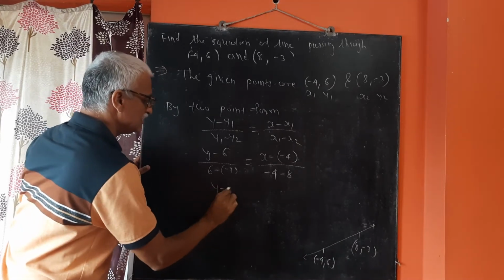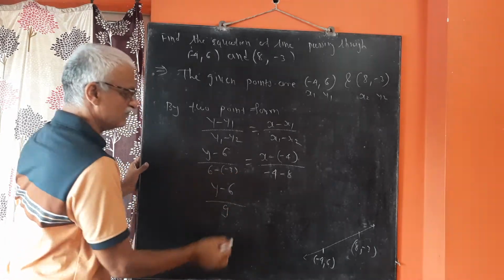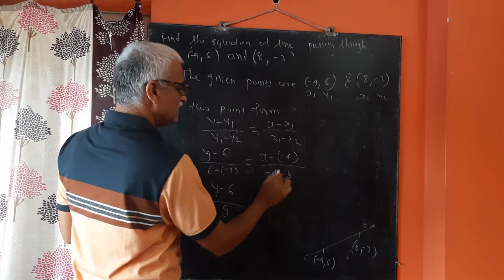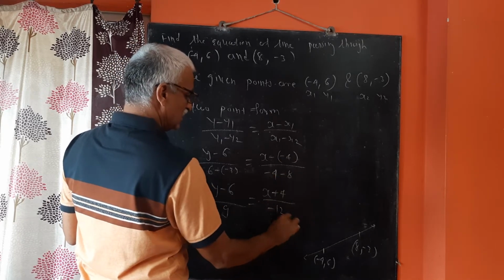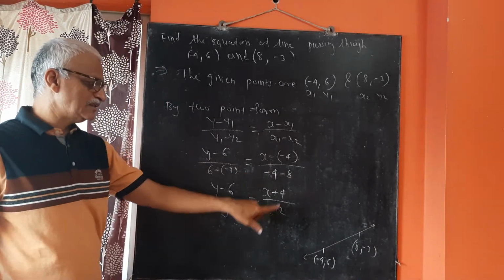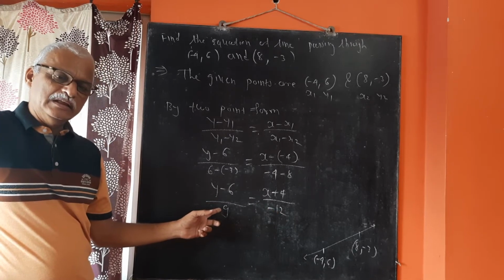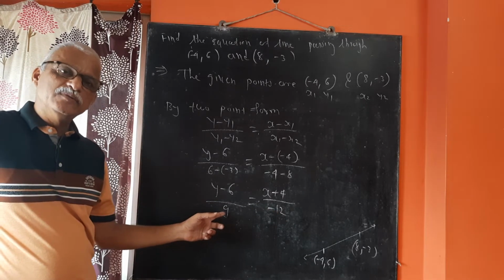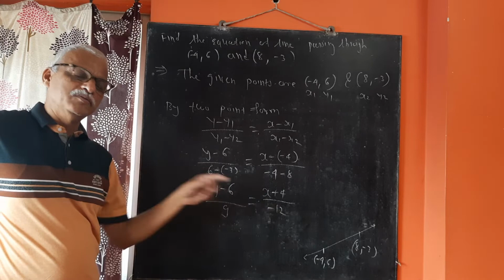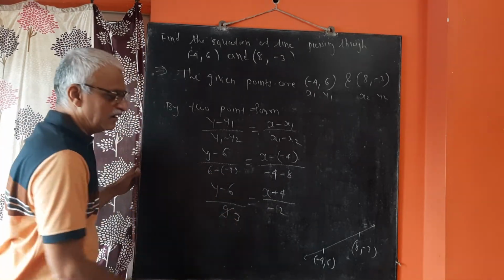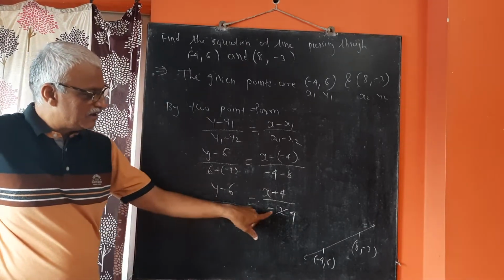So we get (y − 6)/(6 + 3), that is 9, equals (x + 4)/(−4 − 8), that is −12. Now 9 and −12 we can simplify, we can reduce them to smaller numbers. We know that 3 threes are 9 and 3 fours are −12.